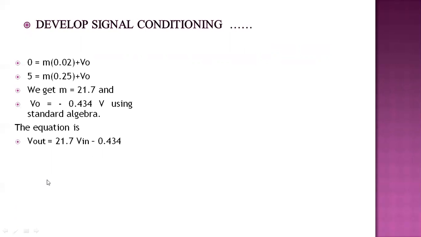In this form, you can see that a summing amplifier could be used here. Or you can take 21.7 common. In brackets, you will be getting Vin minus 0.02. So this looks like a differential amplifier with the gain of 21.7 and a fixed input, that is 0.02 volts, to the inverting side.